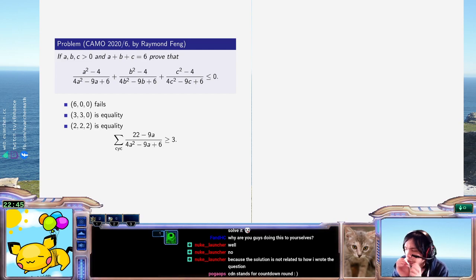Okay, here's a different question. Is there like a multiple layer cake theorem? 3, 3, 0 and 2, 2, 2.